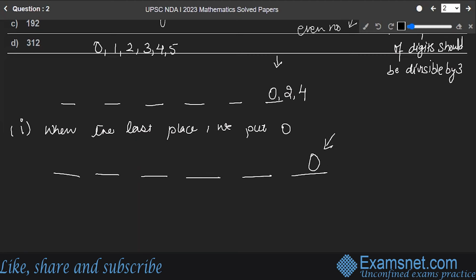So this place can be filled up in 5 ways, this place can be filled up in 4 ways, 3 ways, 2, 1 way. That means at the first place, we choose any digit from the remaining 5 digits. So this is a possible combination.